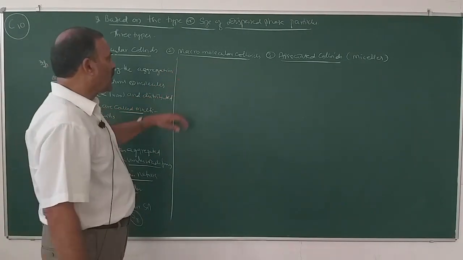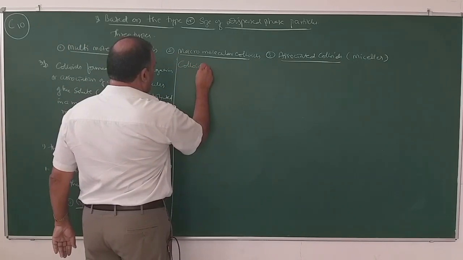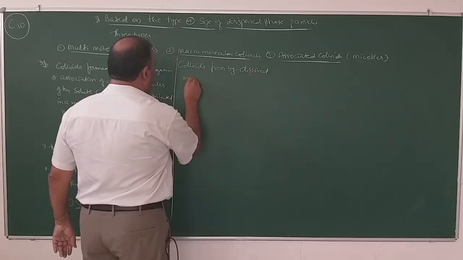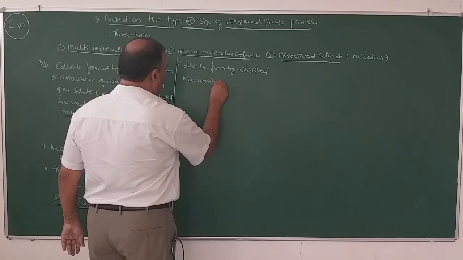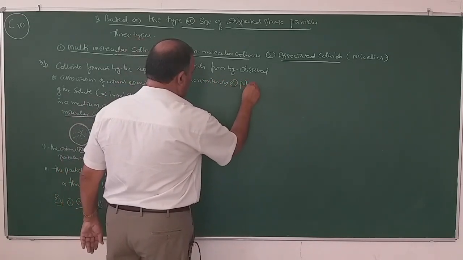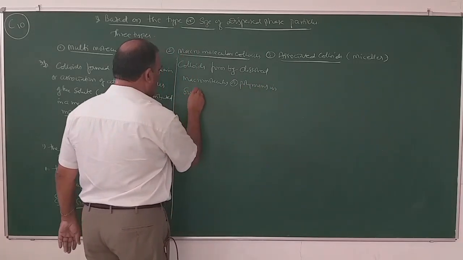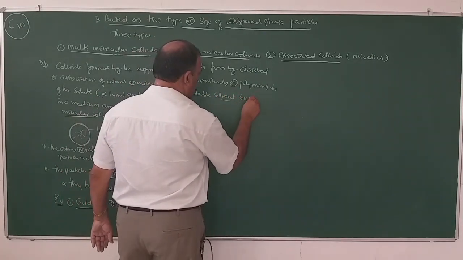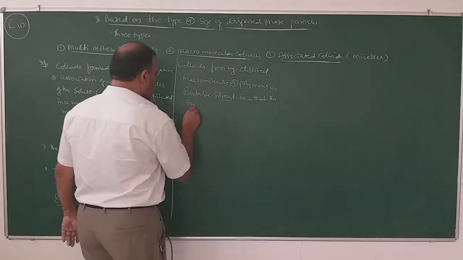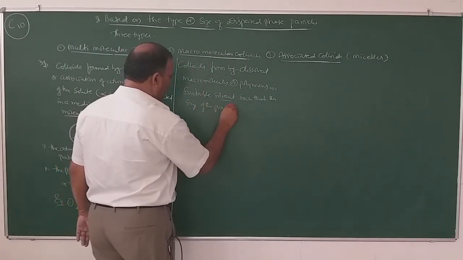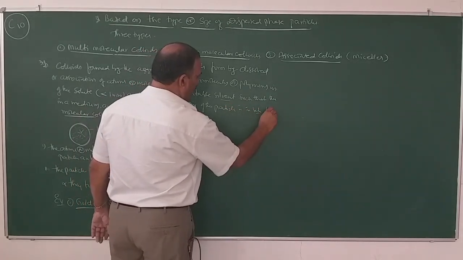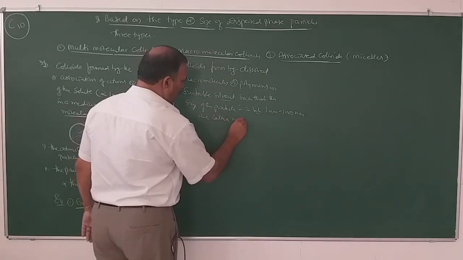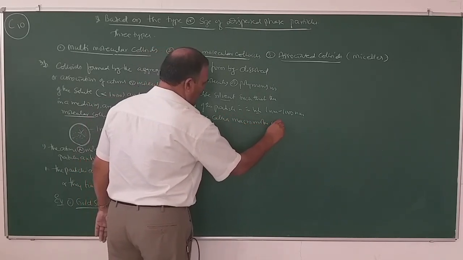Now macromolecular colloids. Colloids formed by dissolving macromolecules or polymers in suitable solvents, such that the size of the particles is in between 1 nanometer to 1000 nanometer, are called macromolecular colloids.